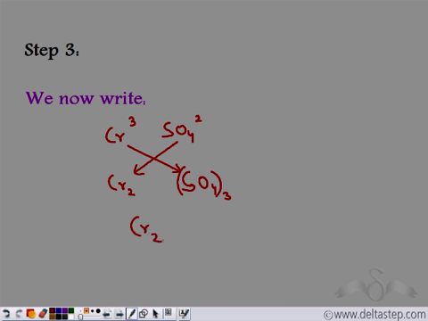We get Cr2(SO4)3. So this is the formula of the compound chromium sulfate. Here this 2 shows that there are 2 chromium atoms, and this 3 shows that there are 3 sulfate radicals. So this is how we write the formula of a compound containing a radical.